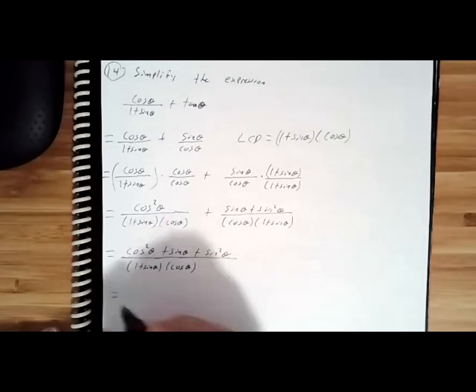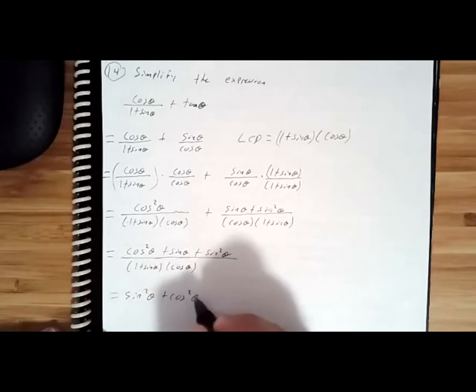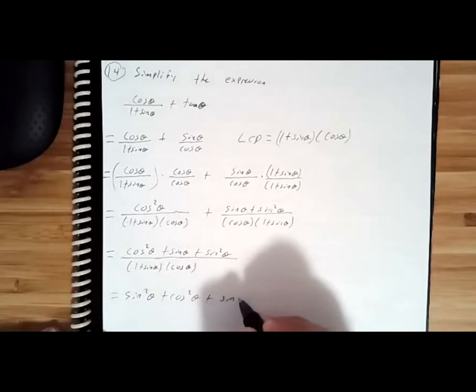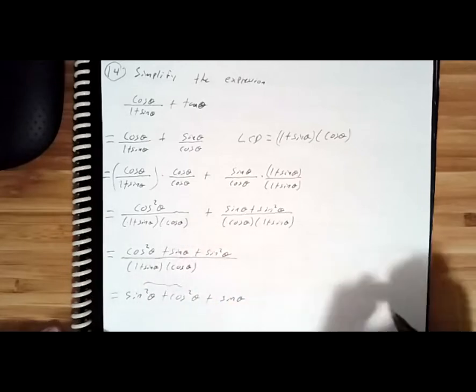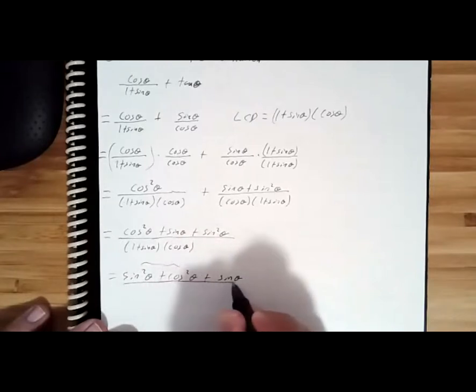All right. Now notice that on top you have sine squared theta plus cosine squared theta, right? So we know that this right here is going to be 1.